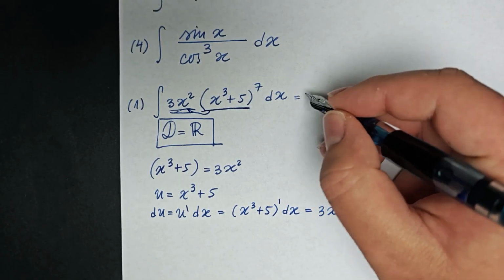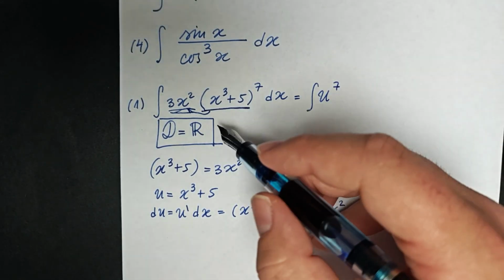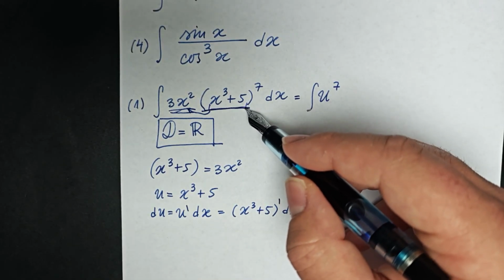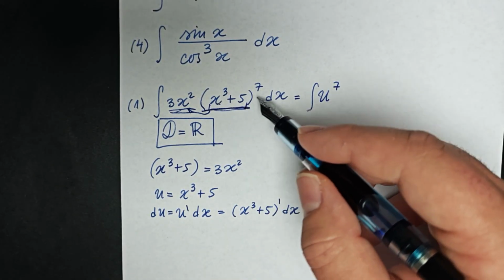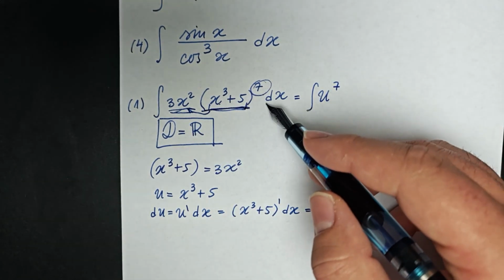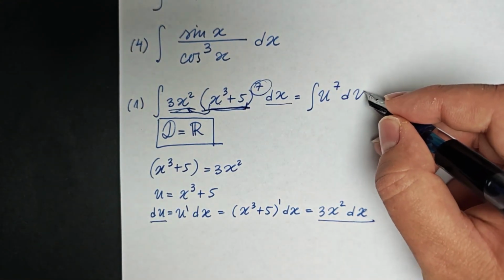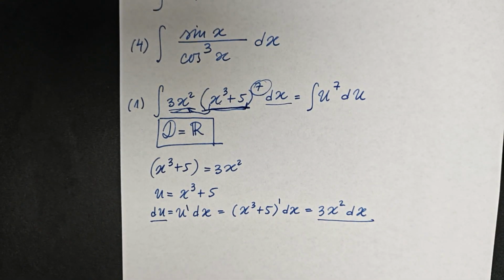This integral then gets transformed into u to the power of 7, as x cubed plus 5 is u, so you have u raised to the power of 7, and 3x squared dx is what corresponds with the differential of u. As you can see now, the entire integral is written with respect to the variable u.